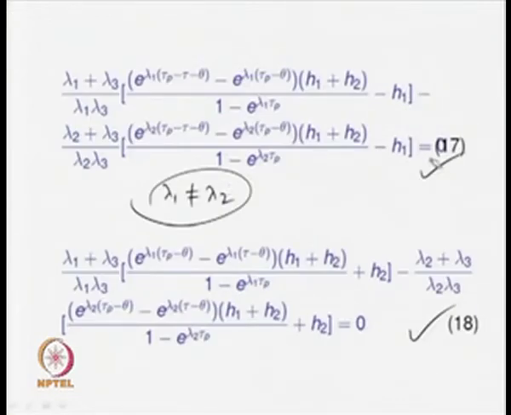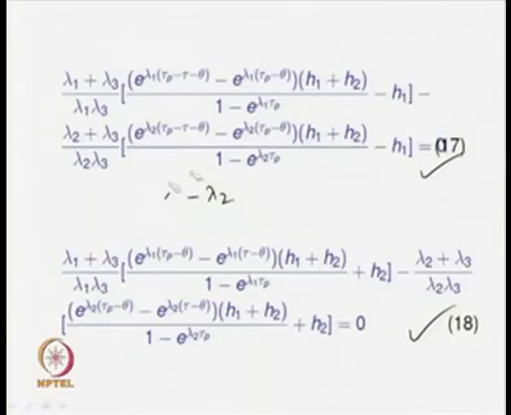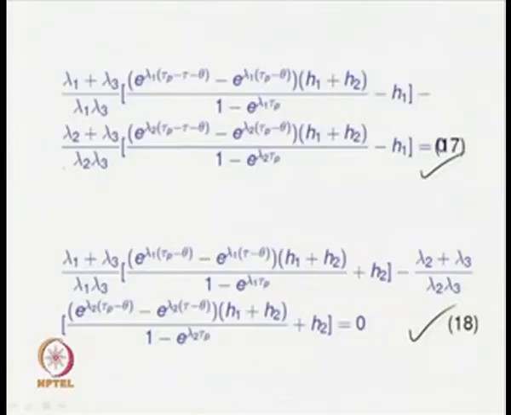Now, these analytical expressions cannot be used when lambda 1 is equal to lambda 2. To avoid that, for the case of system dynamics with pole multiplicity, what lambda values are to be taken?